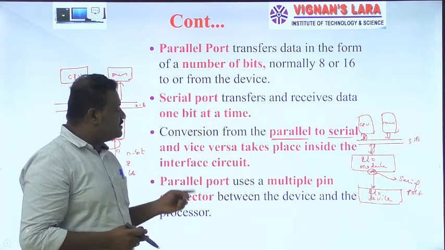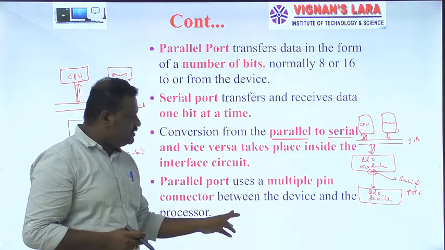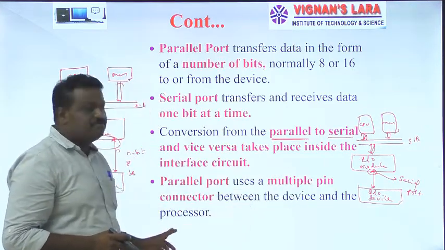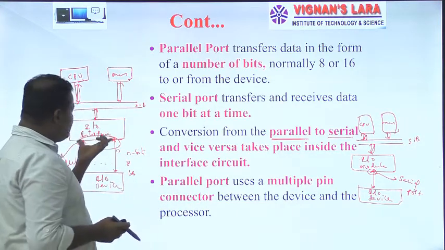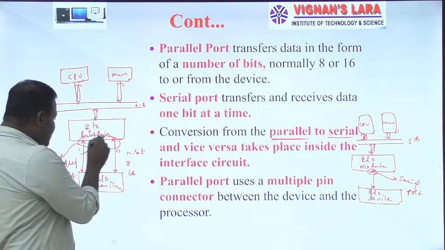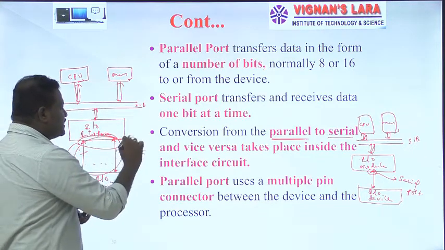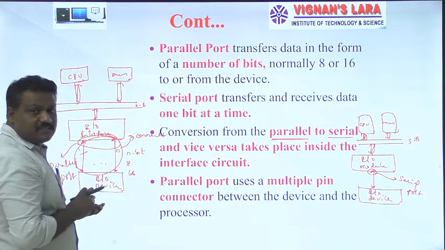And the next point is the parallel port uses a multiple pin connector between the device and the processor. Absolutely. So this is your parallel port connector device. Here we need a connector. This is your connector. That connector has multiple pins.